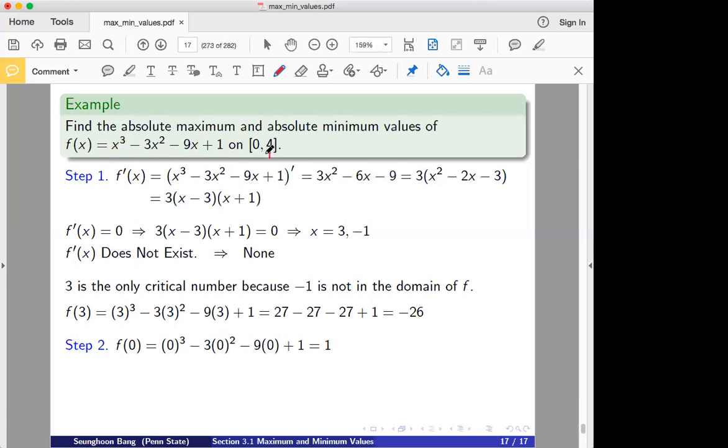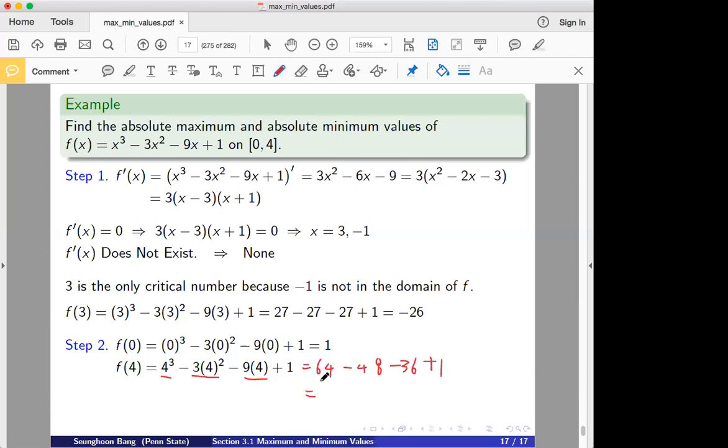Next, plug in 4: 4 cubed, 3 times 4 squared, 9 times 4. You calculate. 4 cubed is 64. The 3 times 16 is 48. The 9 times 4 is 36, plus 1.